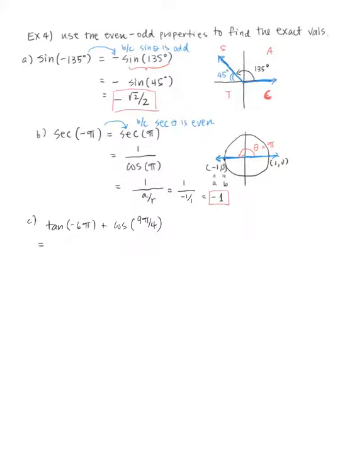So let me change the colors around. So this portion now becomes negative tangent of 6 pi because tangent is odd.